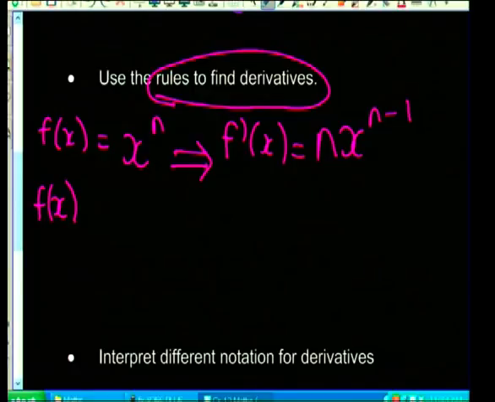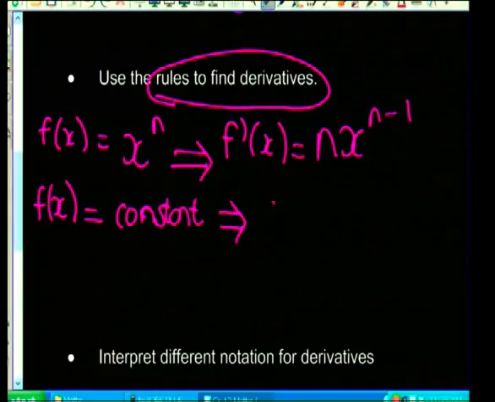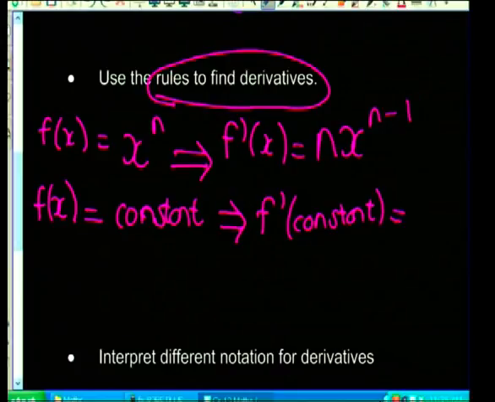The other one says that if you have f at x equal to a constant, in other words 1, 3, 5, a number, then the derivative of a constant is 0.